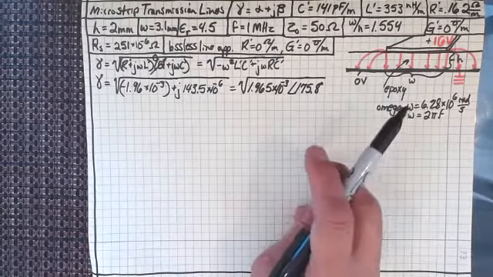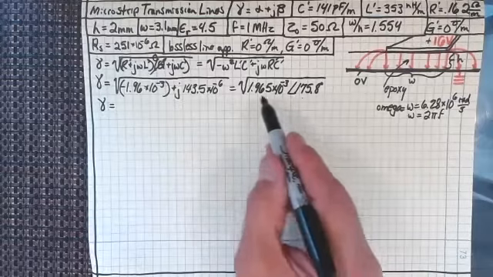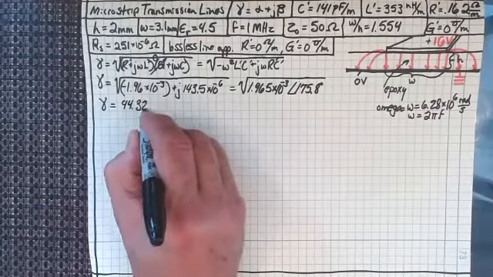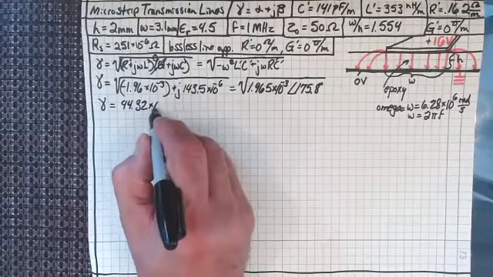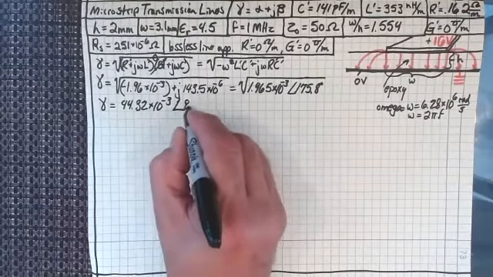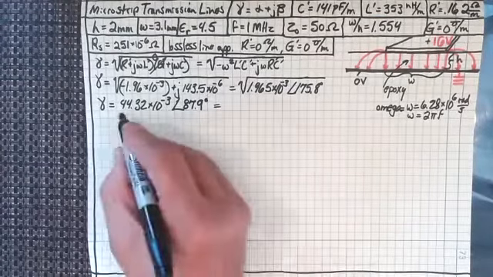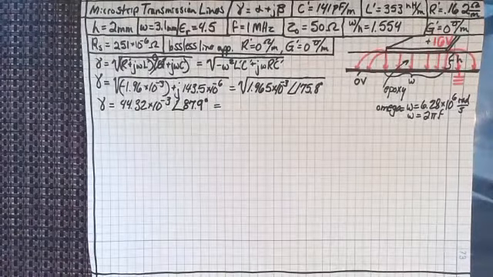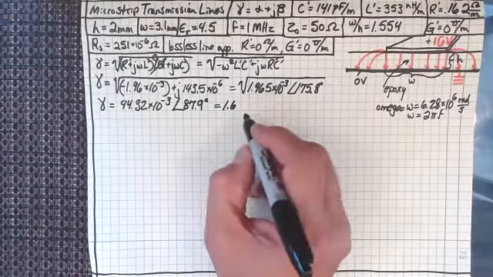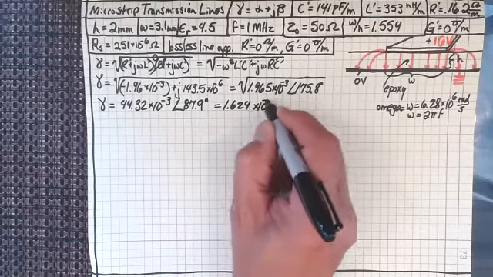That's the phasor form of the complex number I've written out here. And that means the propagation constant, if I take the square root of that in its phasor form, is going to be 44.32 times 10 to the minus 3 at an angle of 87.9 degrees, right? And if I wanted to write the actual answer in its complex number form, it would be 1.624 times 10 to the minus 3.